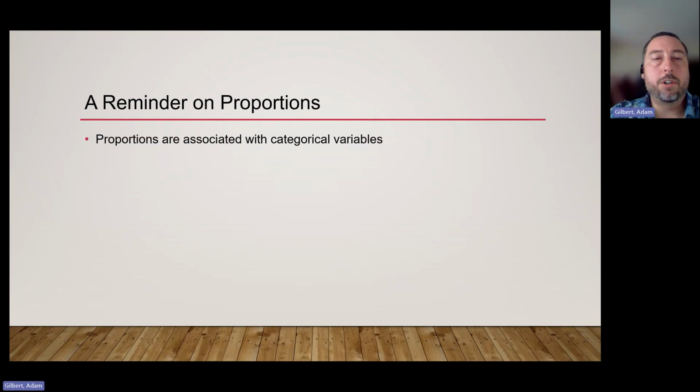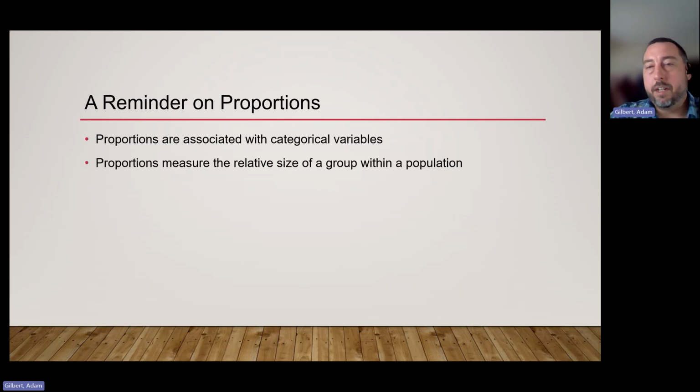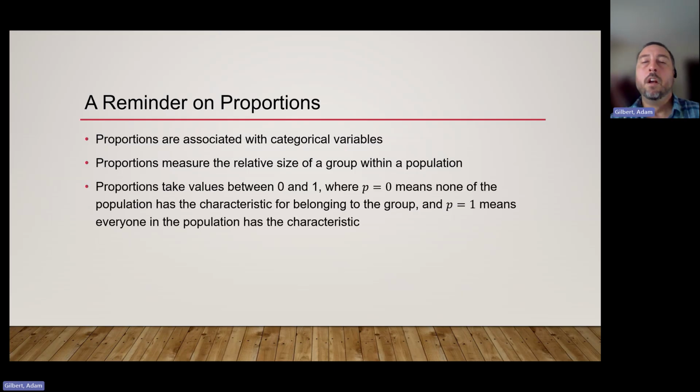So a reminder on proportions. Proportions are associated with categorical variables. They measure the relative size of a group within a population. So maybe a group accounts for 60% of a population or 12% of a population. Those proportions take values between 0 and 1. A proportion being equal to 0 means none of the items in the population have the characteristic that we're interested in.